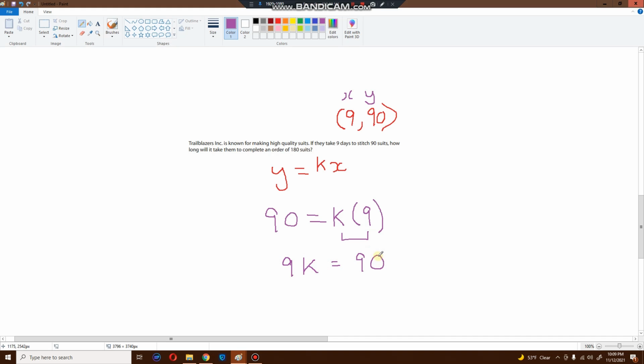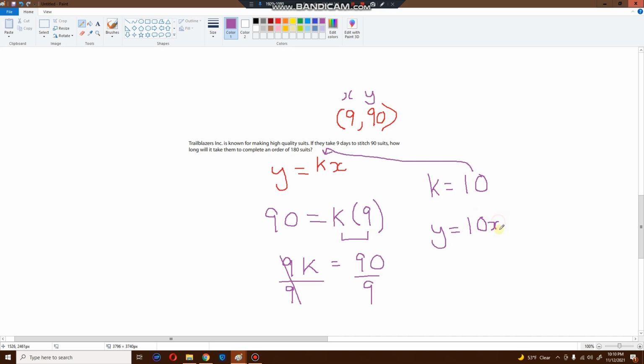I just flipped it around. If I want k to be independent, I divide this side by 9 and this side by 9, cross it out, and I find that k is equal to 10, because 90 divided by 9 is 10. Now let's plug it back into the equation, and I get y is equal to 10x.